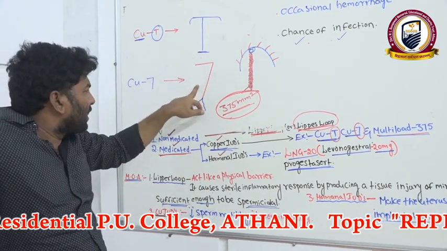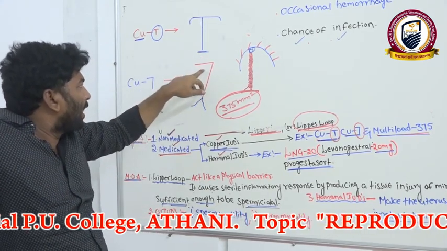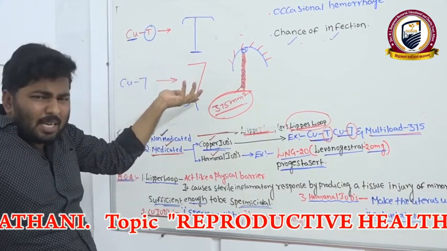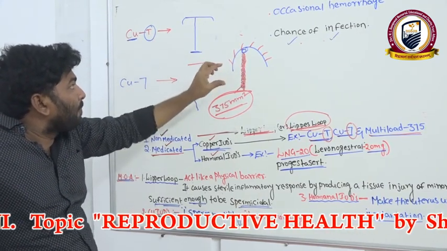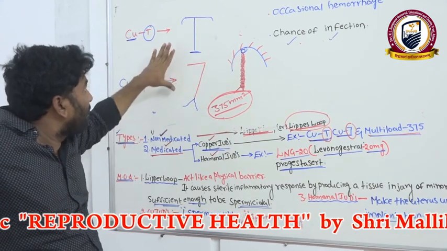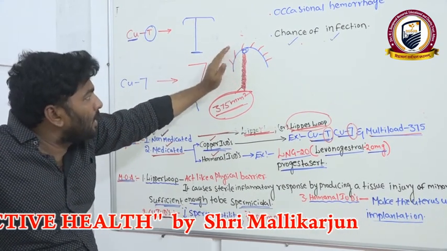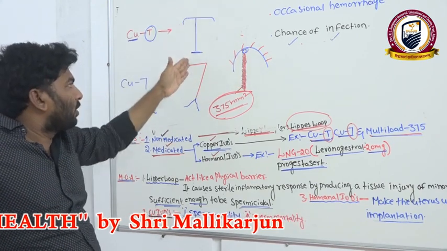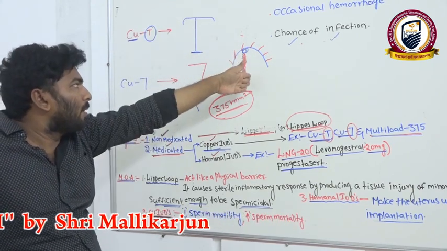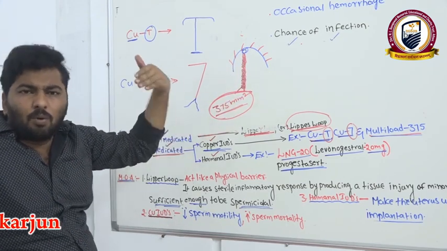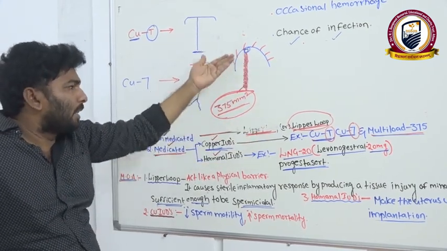So next they made the 7 shape, where it may attach to the uterus wall on one side only, so the damage will be less, they thought. And the multi-load is very short in length and more effective compared to these two. So finally they made multi-load 375, 250, 180; different varieties are there in this category.